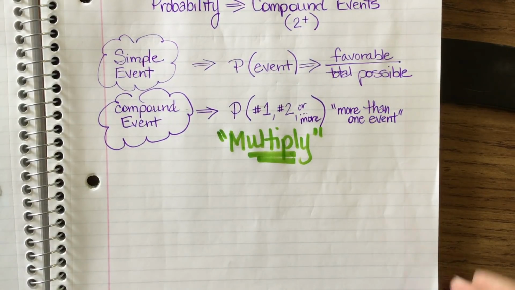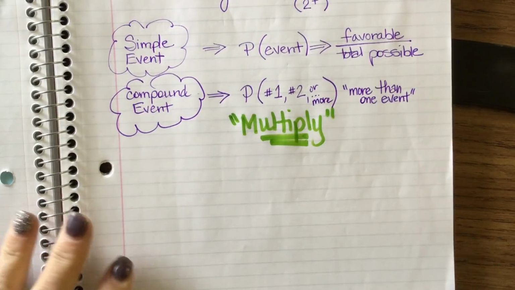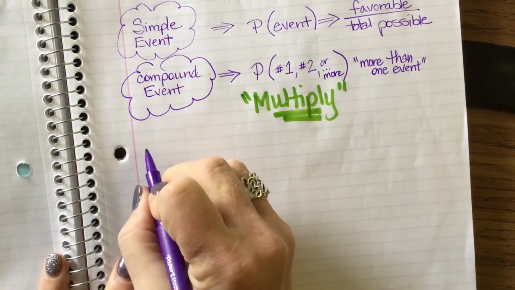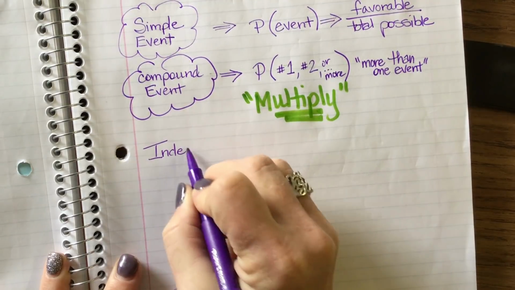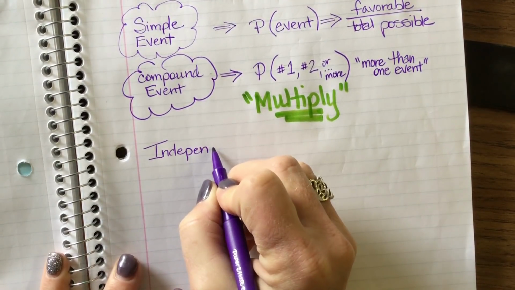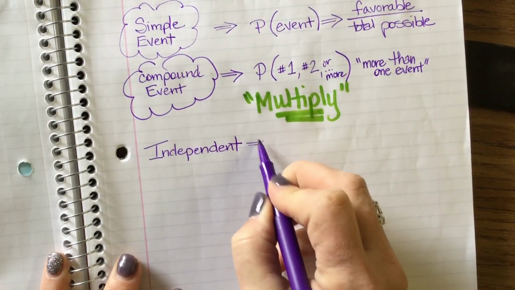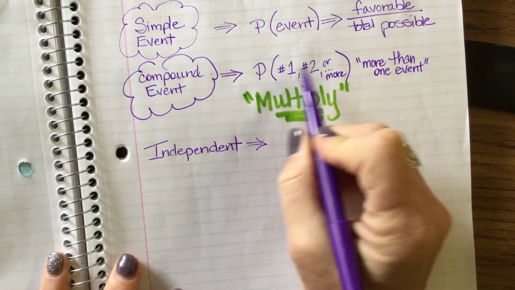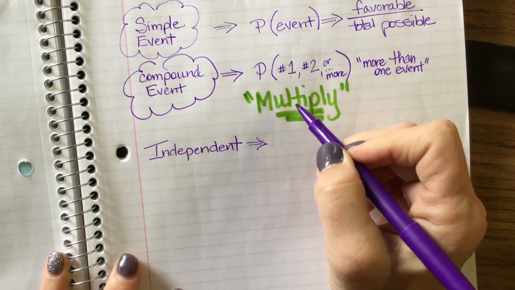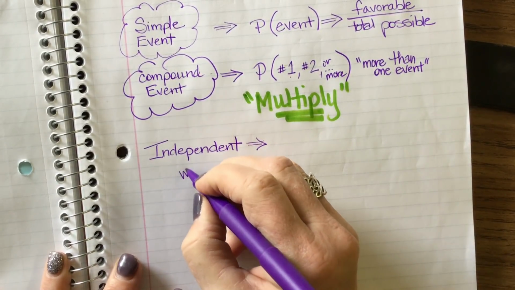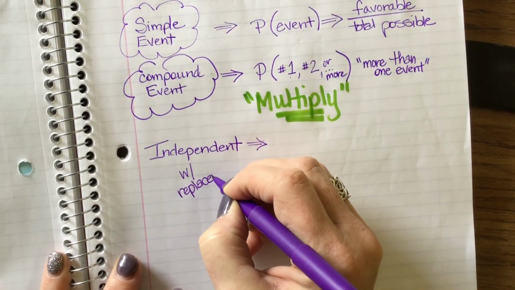Now, for example, we're not going to go into the other one, but we are going to talk about an independent event. When these two events are independent of each other, in other words, one does not depend on the other. And we call that with replacement, or maybe you have a spinner.